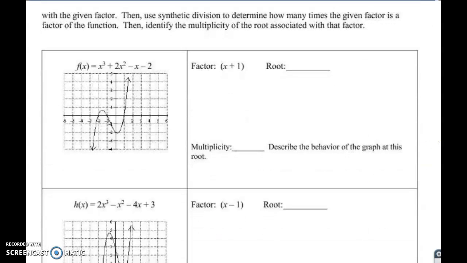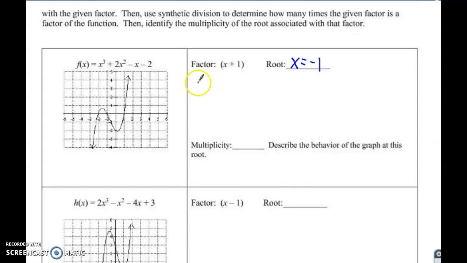All right. So on our next one, how do we know that x plus 1 is a factor? Well, because its root is x equals negative 1. So we can test the multiplicity, even though I already told you it has just a multiplicity of 1. It should make sense that it just has a multiplicity of 1. 1, 2, negative 1, negative 2. And synthetic. 2, 0.